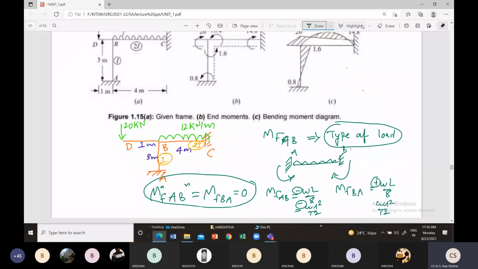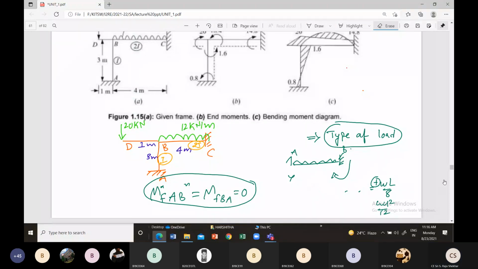So the first step in the slope deflection method of analysis is to calculate the fixed end moments. Fixed end moments depend upon the type of external load applied on that beam. So first we need to calculate the fixed end moments, that is MFAB and MFBA.